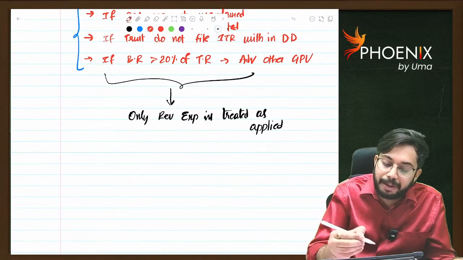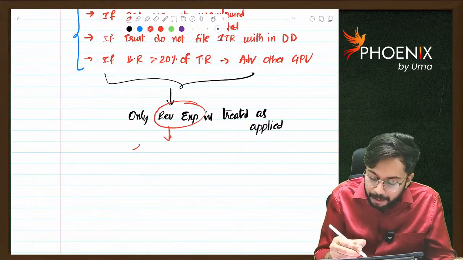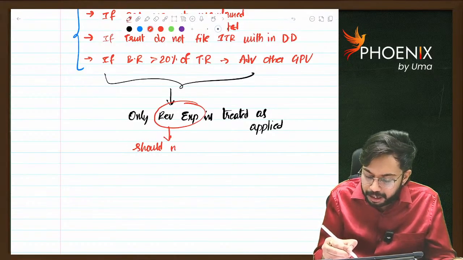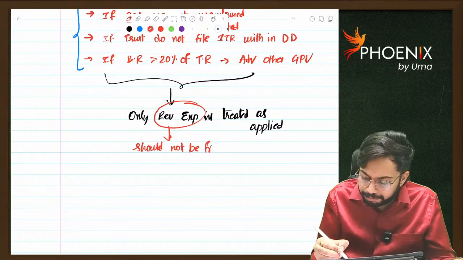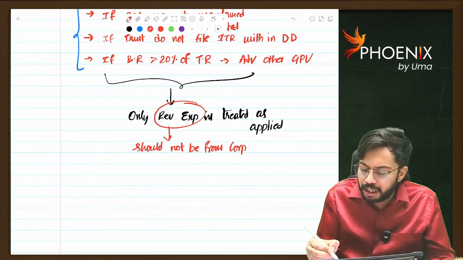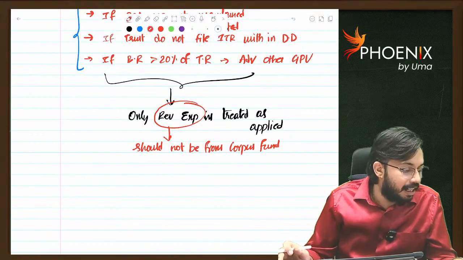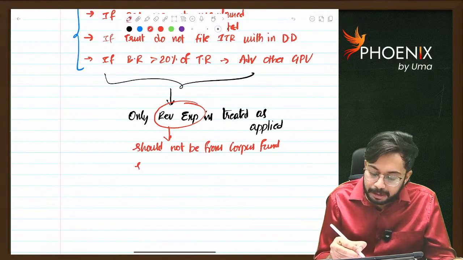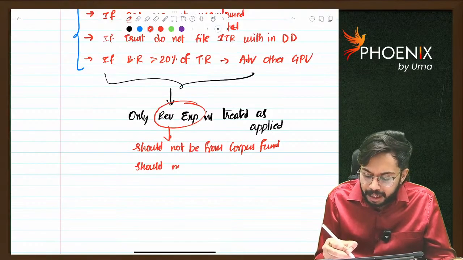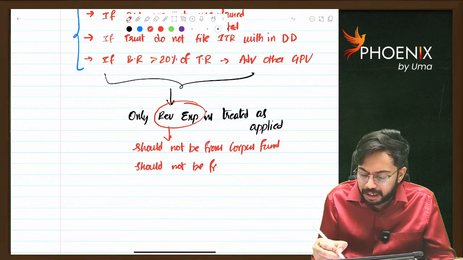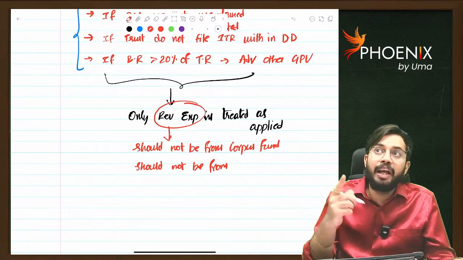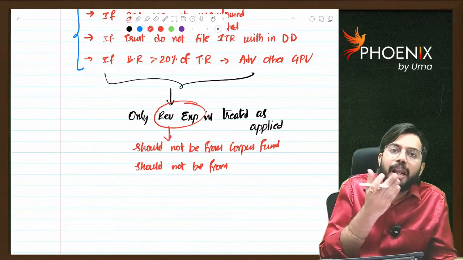Even this revenue expenditure should not be from corpus fund. If revenue expenditure is from corpus fund, again it will not be allowed as deduction. And this revenue expenditure should not be from any loan or borrowing, because if revenue expenditure is from any loan or borrowing, it will not be allowed in the current year.